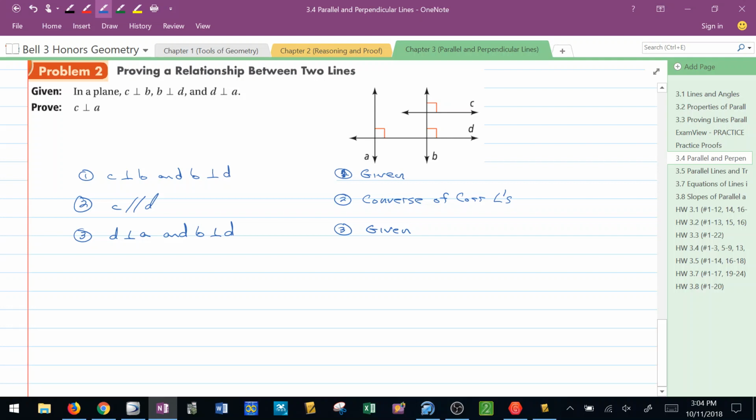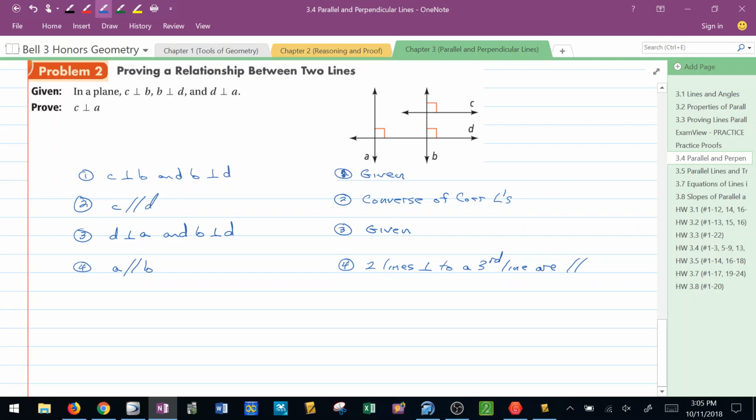Because I know that these two perpendicularities occur, then I can conclude that A is parallel to B. And the reason for that will be the same thing, converse of corresponding angles theorem, or I'm going to write it down this time, two lines perpendicular to a third line are parallel.